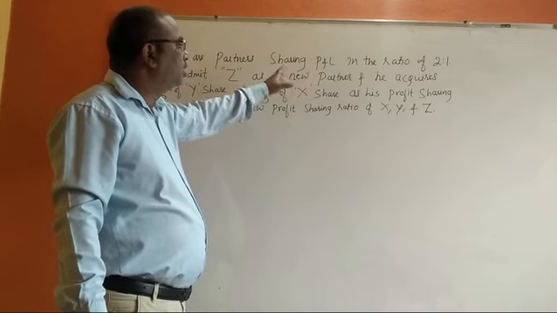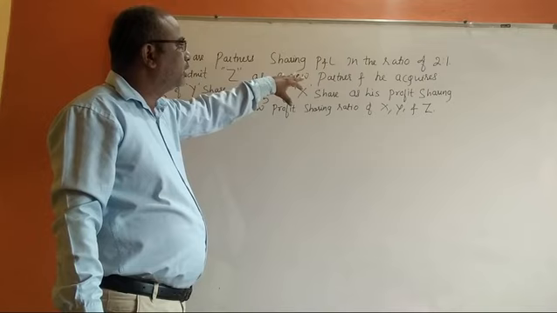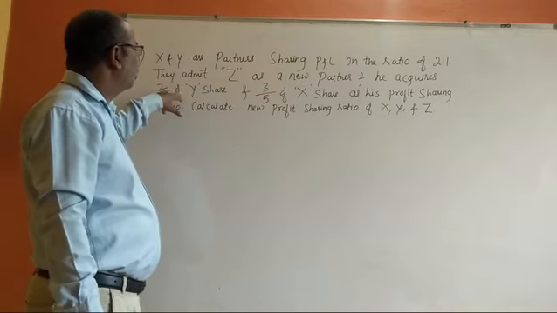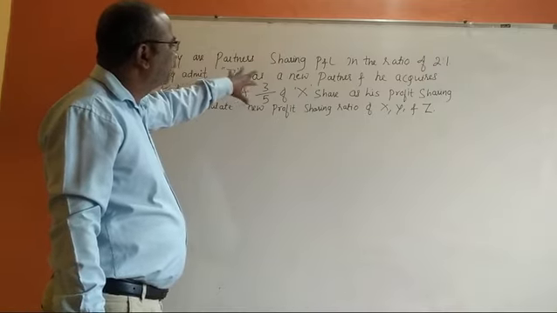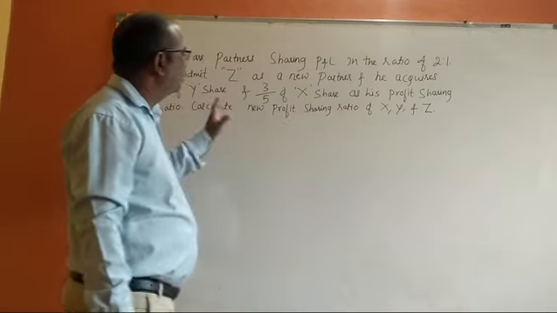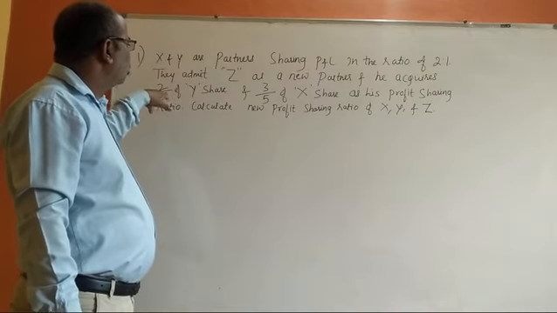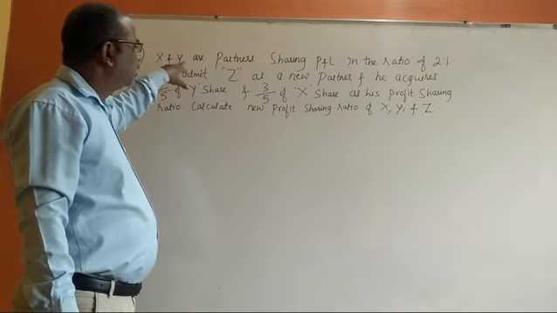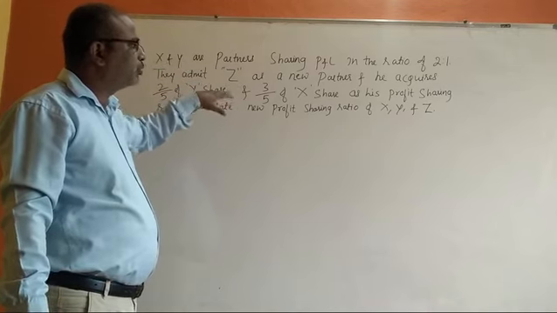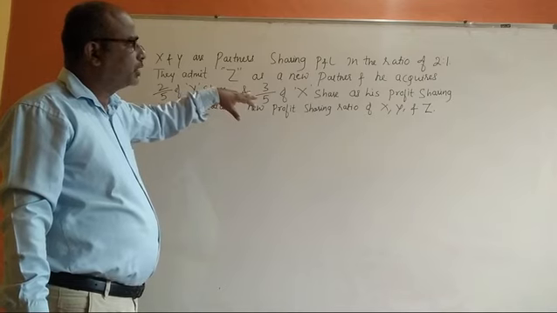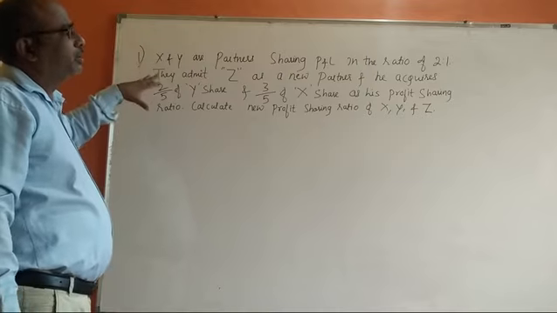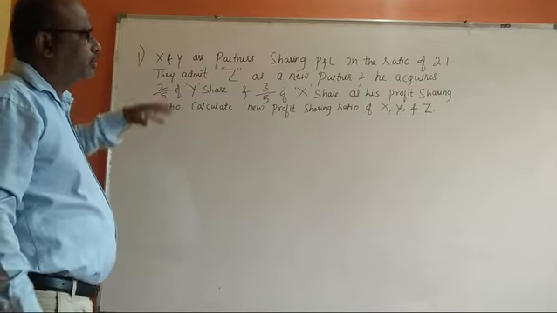Instead of the new profit sharing ratio of Z, what they have given is that he acquires two-fifth of Y's share and three-fifth of X's share as his new profit sharing ratio. If you add both of these, you will get the profit sharing ratio of Z. So let us now calculate the new profit sharing ratio of X, Y and Z.